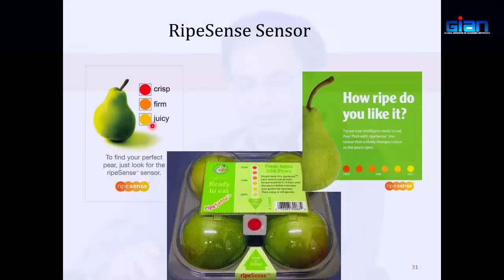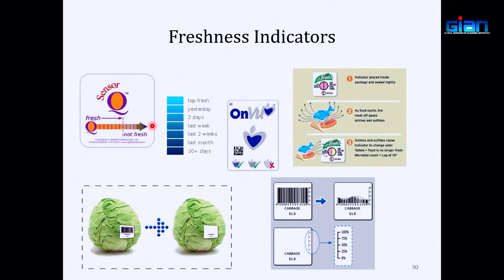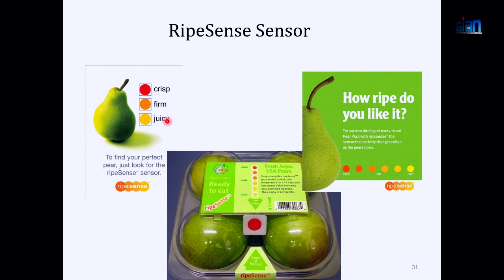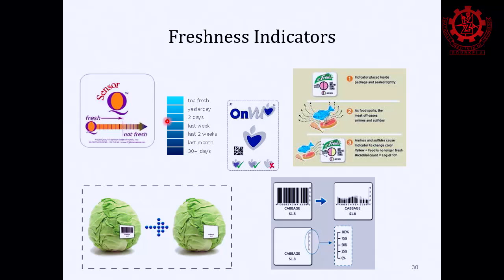But in the case of this freshness sensor and ripe sensor, you are sensing the volatile compounds which are being produced as a result of ripening or as a result of spoilage. So for example, in this slide, the indicator is especially developed for fish. As fish is being spoiled, it is going to produce some sort of off flavor, and that off flavor is basically volatile compounds.